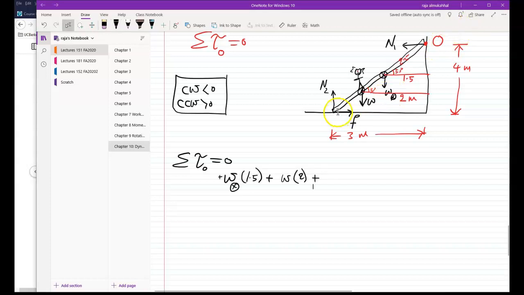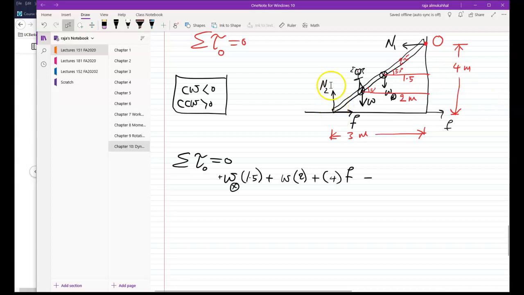And then plus, look at the friction. Say this friction force right here. If I put it right here, see the distance from the friction all the way to O is 4. So it does make a torque. See that? And that is counterclockwise. So it's going to be plus 4 times F. Minus, what about N2?